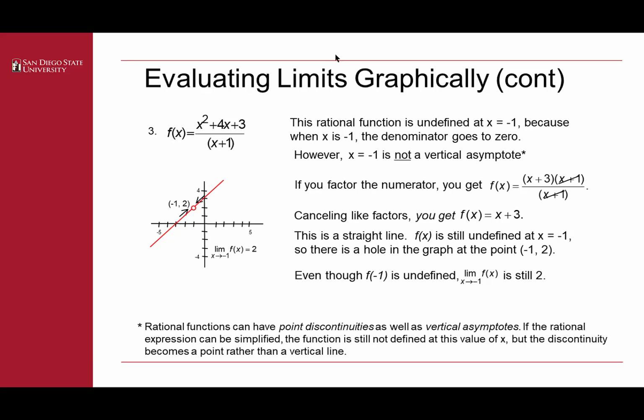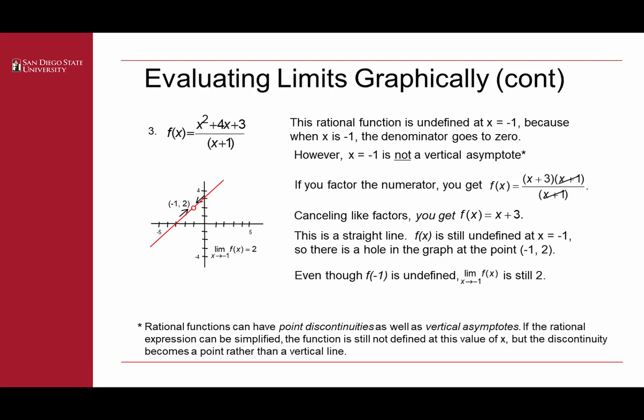However, x equals -1 is not a vertical asymptote. Rational functions can have point discontinuities as well as vertical asymptotes. If the rational expression can be simplified, the function is still not defined at this value of x, but this discontinuity becomes a point rather than a vertical line.